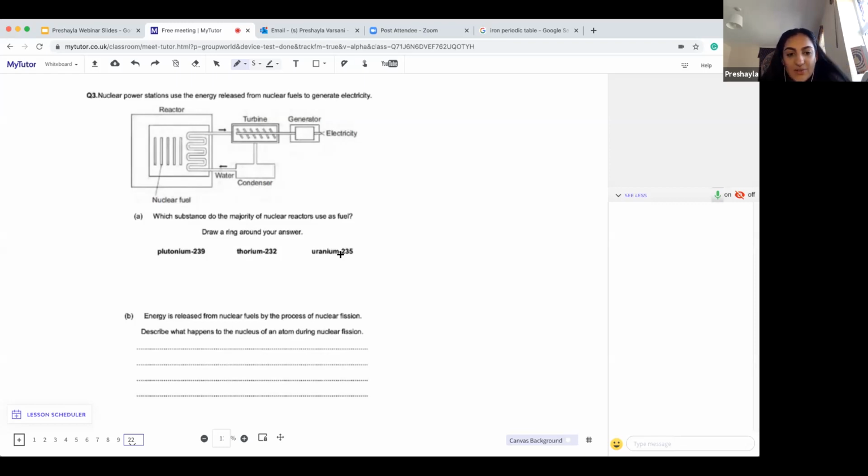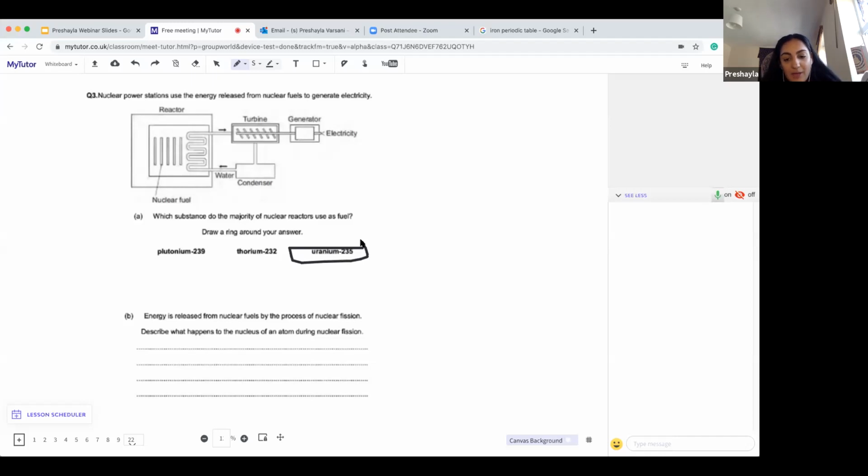What is the main source of fuel for nuclear reactors? Okay, so this would be uranium 235. That is the main one that we use for fuel in nuclear reactors.